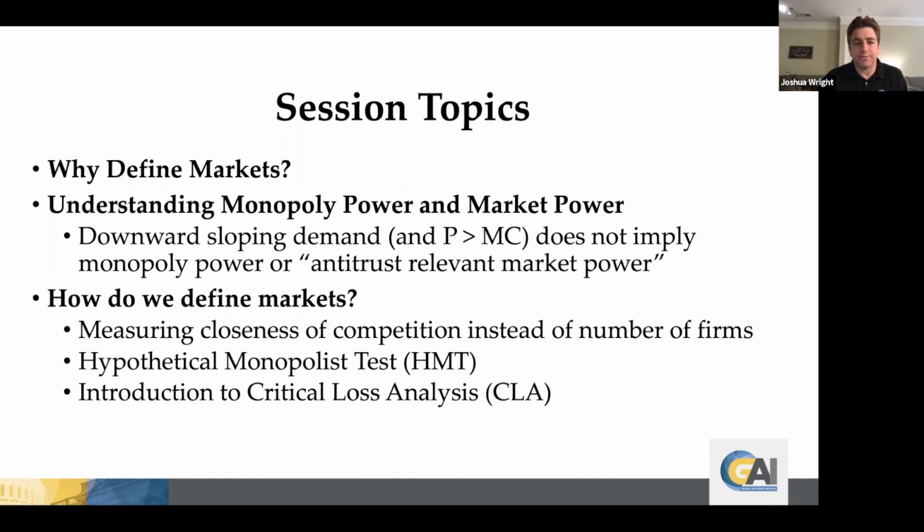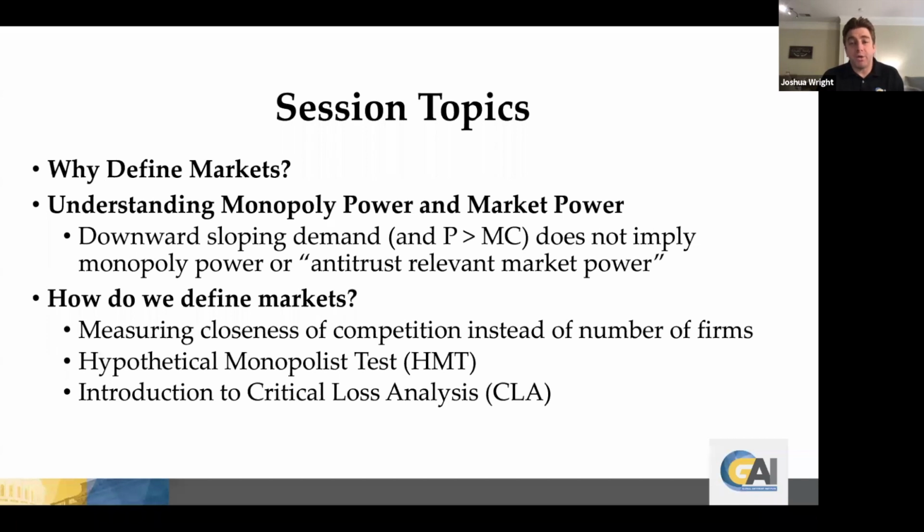of monopoly power. And finally, we'll spend most of today's lecture working through some of the analytical tools, at least introducing some of the analytical tools we use to define markets. The two most common being the hypothetical monopolist test and critical loss analysis.